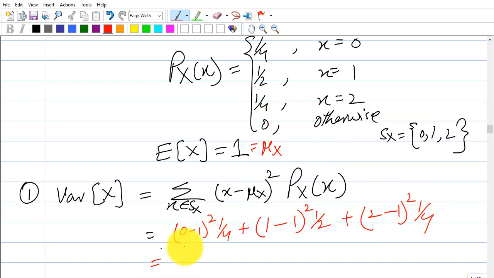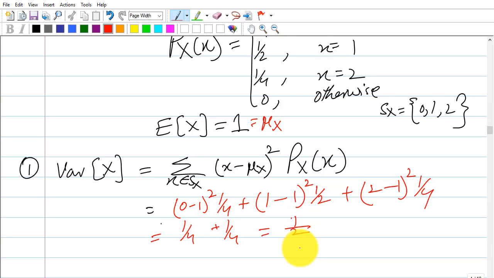So this is straightforward: 1 by 4, plus 0, plus 1 by 4. So we have this variance as 1 by 2.